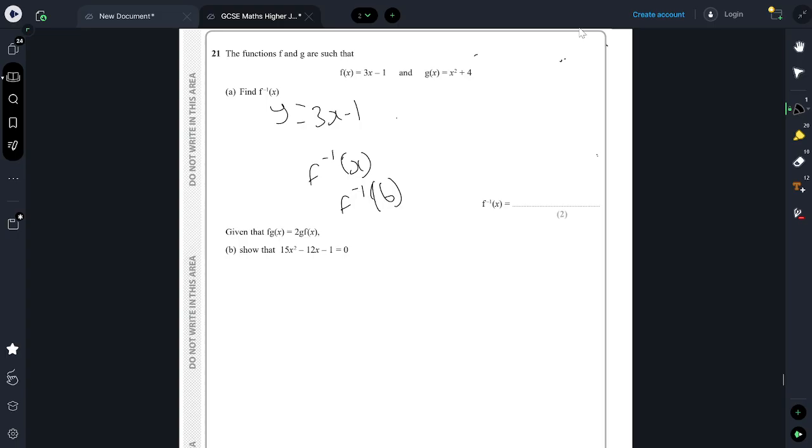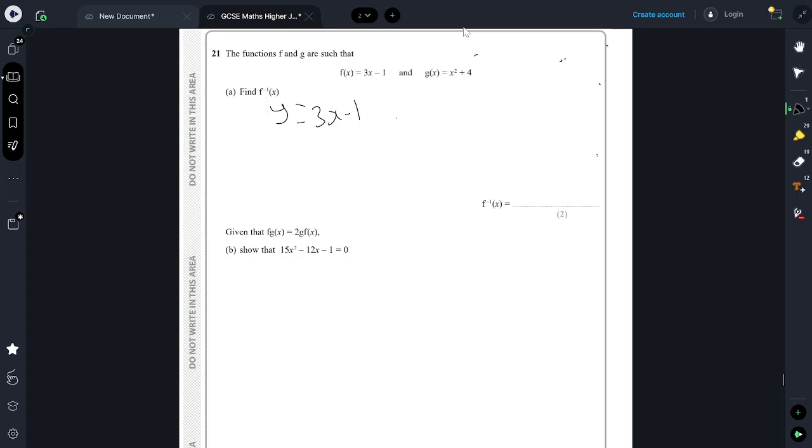So now we just do the method. If you're confused with that, I do apologise. That's the explanation for those who are really interested, or who need to understand the reasoning behind why they do it. But for everyone who just wants the method, you want to switch y with x.